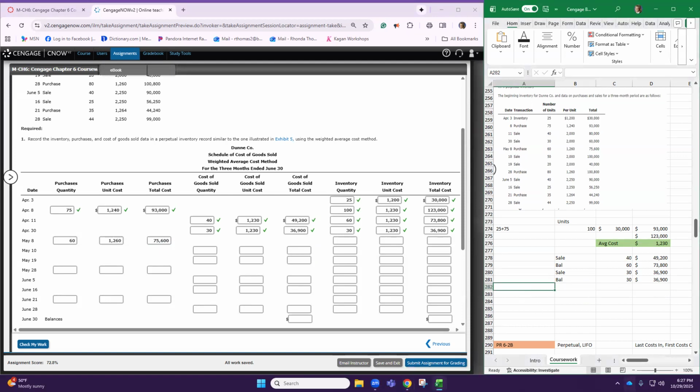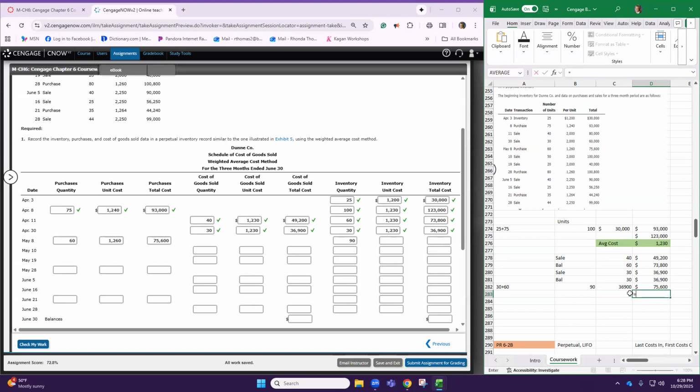So now it's time to do that again. All right, 30 plus 60 is 90. So we got 90 units now, and then we add the two amounts together: 36,900 plus 75,600.